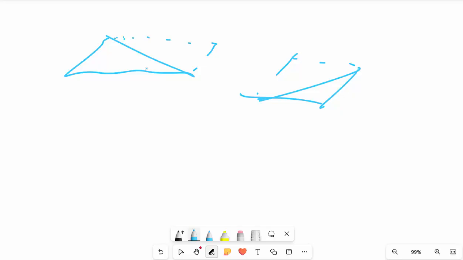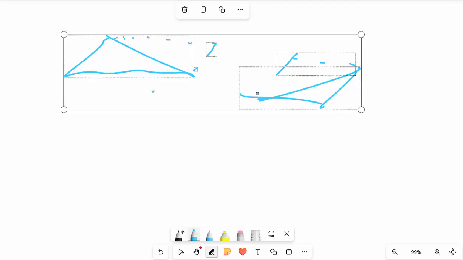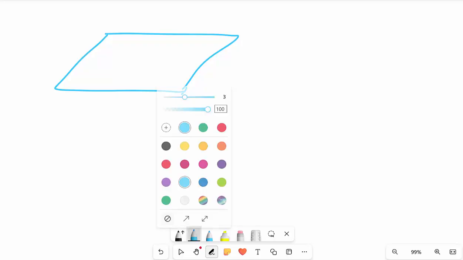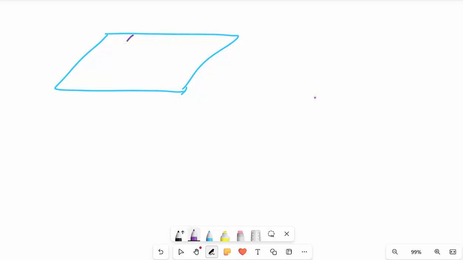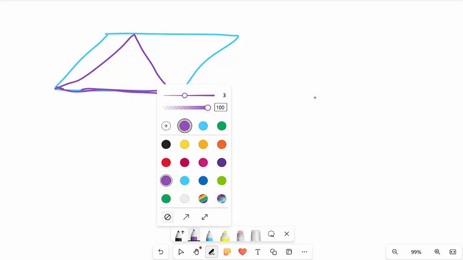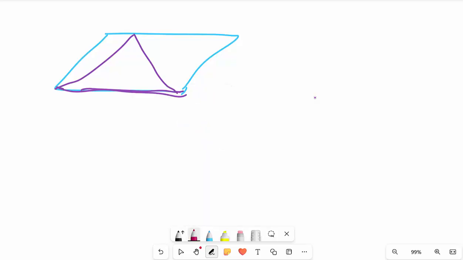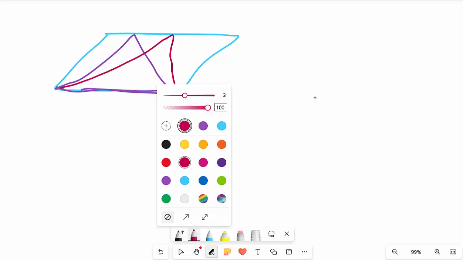So let's come back to our parallelogram. What happens if you draw other triangles like this with the same base and different corner, or like this with the same base and different corner, or like this?